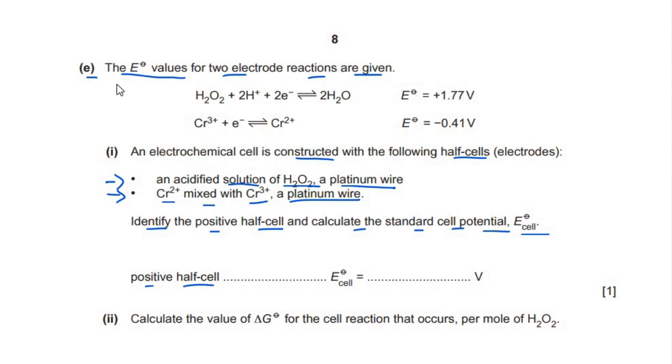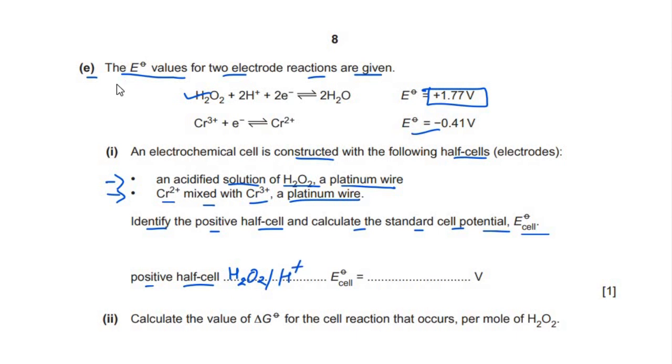Obviously the positive half cell is the one which has a bigger positive value, that is the hydrogen peroxide has a bigger positive value compared to the other half cell. So the positive half cell is the hydrogen peroxide half cell, which is acidified.